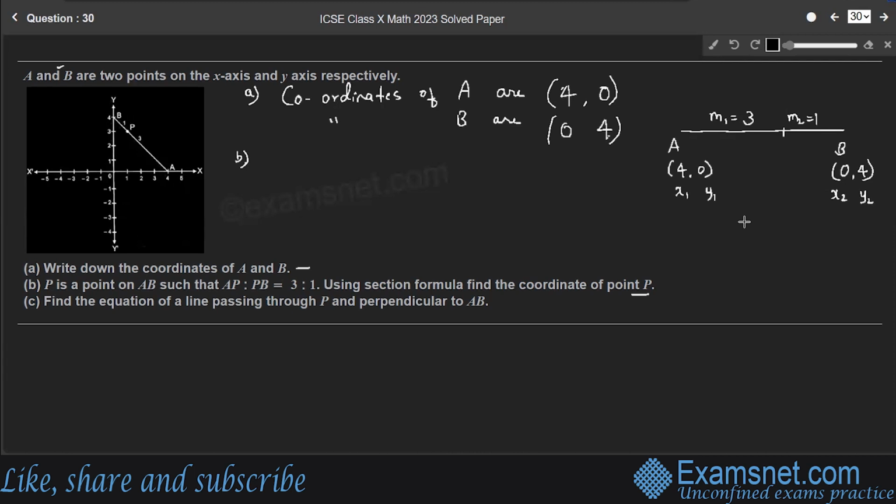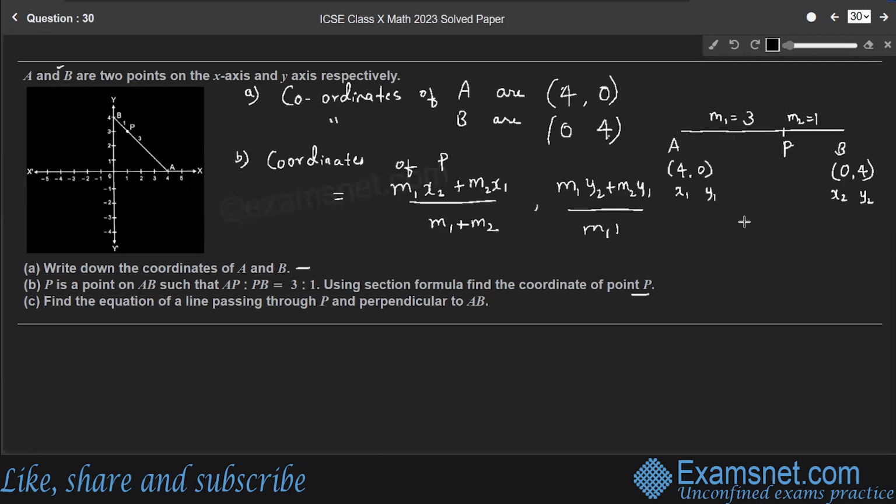So the section formula says the coordinates of P: the x coordinate of point P is (m1 x2 plus m2 x1) divided by (m1 plus m2), and the y coordinate will be (m1 y2 plus m2 y1) divided by (m1 plus m2).